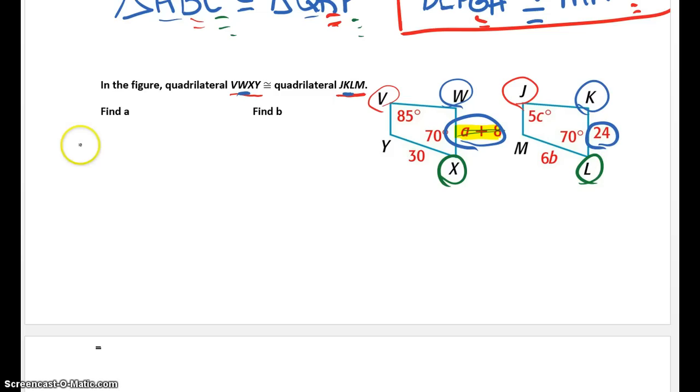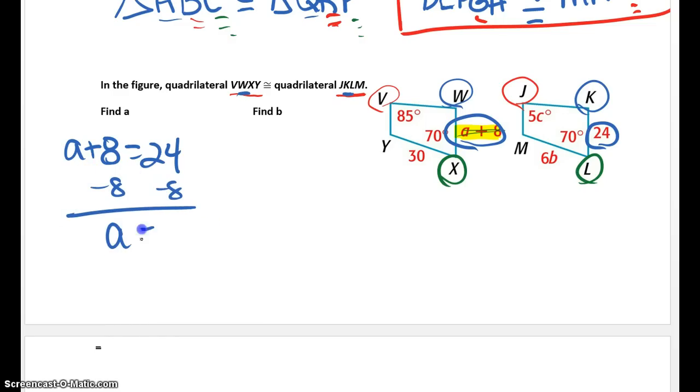Since we're taking pre-algebra and getting ready for algebra, we need to write down the equation A plus 8 equals 24. And then you can solve that by subtracting 8 from both sides, and A equals 16. So go back to the question, and it said find A. That's all we need to do. The length of this side, 16 plus 8 is 24, which makes sense because KL is 24.